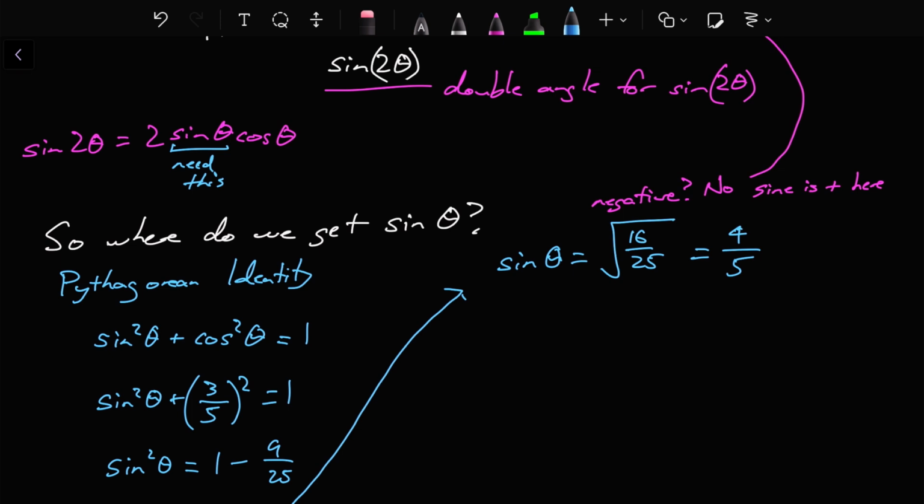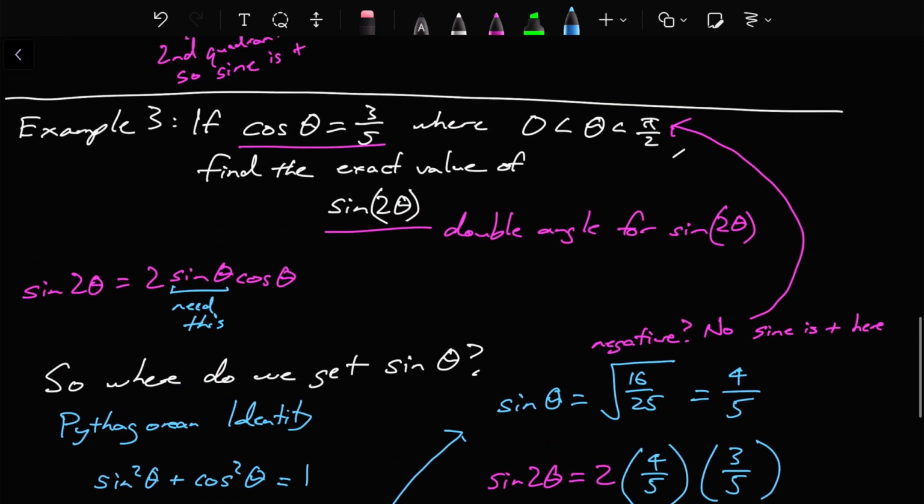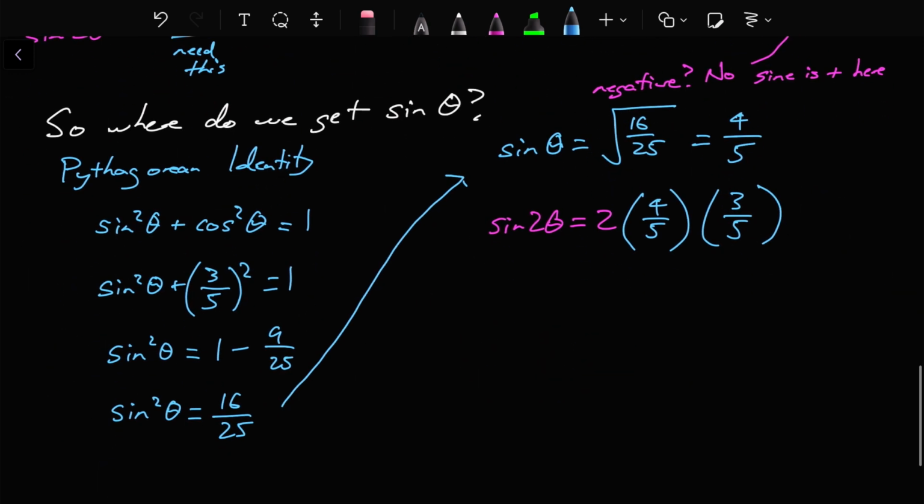We have sine theta equals 4 over 5. So now we can apply our double angle formula. Sine of 2 theta is equal to 2 times the sine of theta, which is 4 over 5, times the cos of theta, which was 3 over 5 from up here. So the sine of 2 theta must therefore be equal to, well, we just multiply these things together.